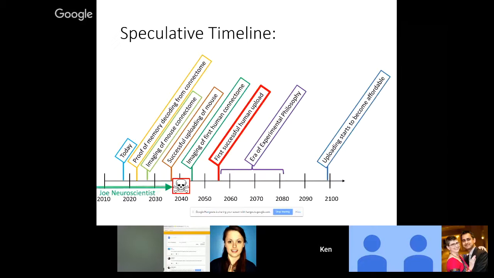Joe, neuroscientist here, we'll assume he's a middle-aged or elderly distinguished neuroscientist, understands enough neuroscience to understand how monumental the task is. Mind uploading is just an incredibly monumental task. And he understands that he will be long dead before mind uploading is achieved.